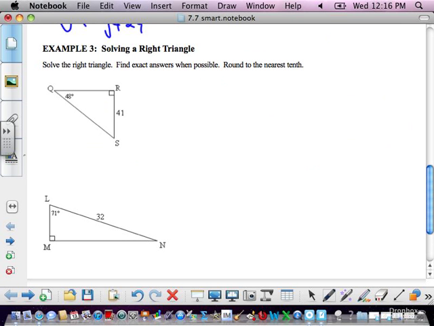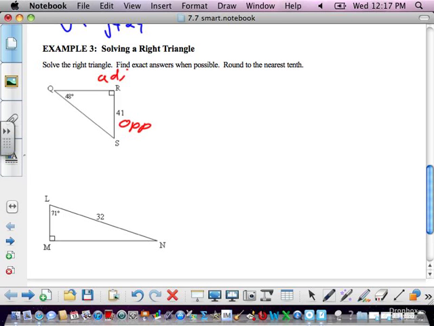So let's find QR first. QR is what to 48? Opposite, adjacent, or hypotenuse? Adjacent. What is 41? Opposite. Okay, we're going to use just those two because we're trying to find QR, and RS is what we're given.